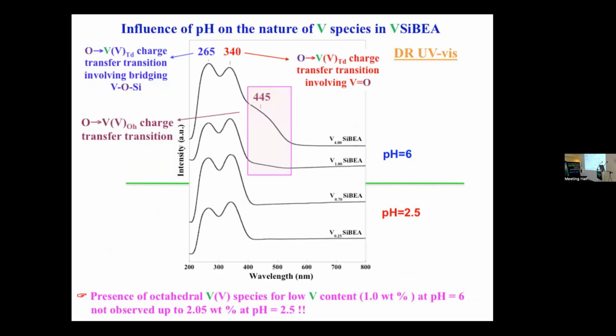This is confirmed by UV visible, as you can see. At pH 2.5, we have only tetrahedral vanadium species. At pH 6, we have tetrahedral vanadium species, but also octahedral vanadium species.